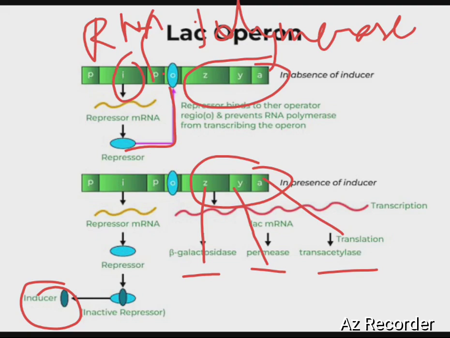When the inducer is there, it will bind to the repressor, which is coded by the repressor gene, and both of them will bind together. It will alter the configuration of the repressor protein, so it cannot bind to the operator. That's why all the genes get transcribed.